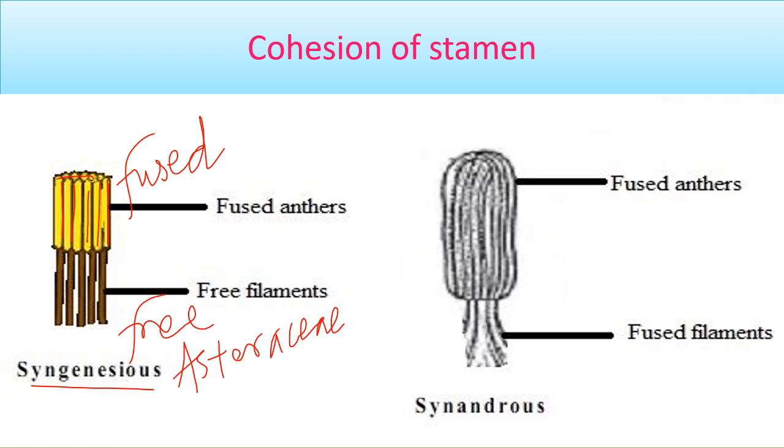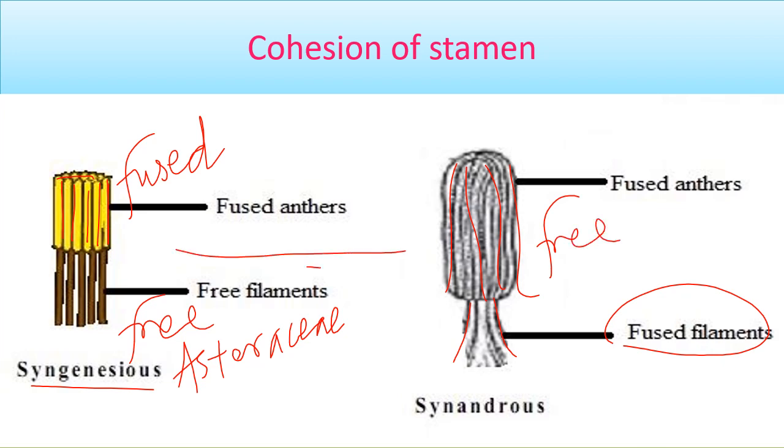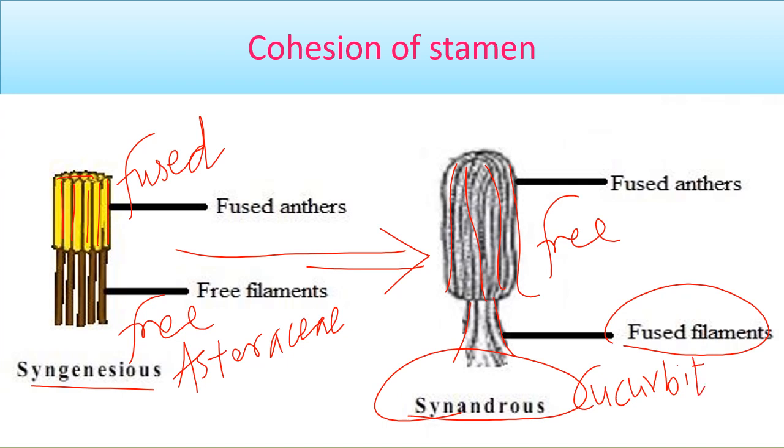And if you look at this, here the filaments are fused, whereas these anther lobes are free. It is the complete opposite condition to the first one, and this is called synandrous. This you will see in cucurbits, members of the cucurbits.